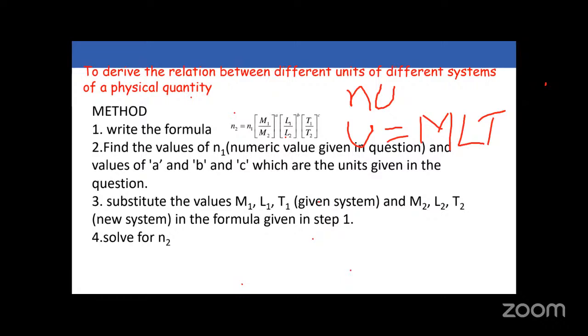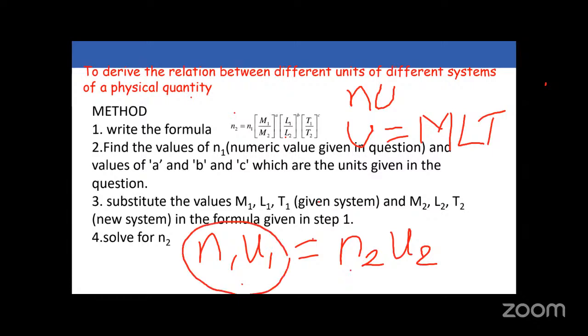So if I'm given a problem in one system of units and I'm asked to convert to another system of units using the dimensional analysis formula, I can write that N1 U1 is equal to N2 U2. So assuming I am given this and I'm asked to find this.